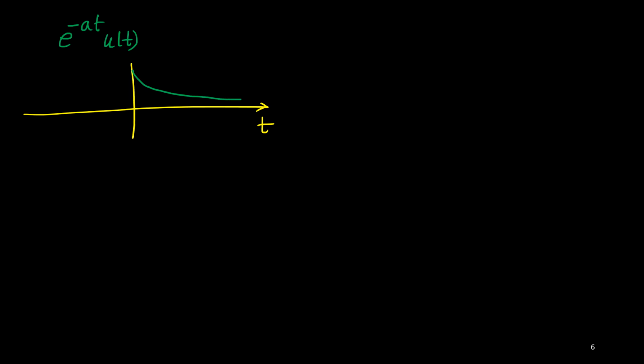Now you see the shape of the signal. In the time domain, the signal e to the power minus at u of t, this one I can draw. It is an exponentially decaying signal, only on the right side, and it will start from 1.